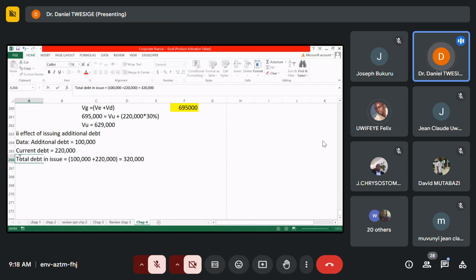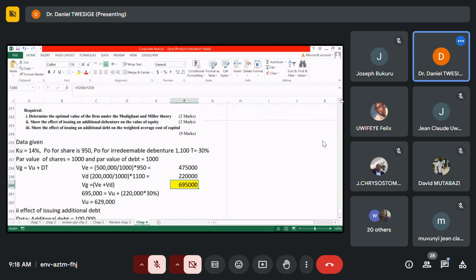Now, the question wants us to find out the effect of issuing this new debt on our current value and on value of equity. Show the effect of issuing additional debenture on the value of equity.